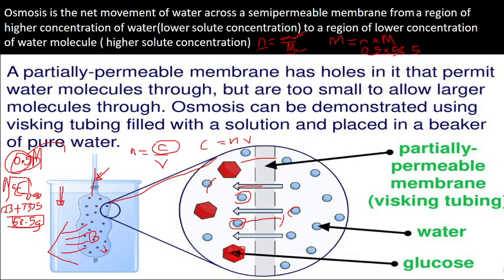So if you look at that, you'll be having 58.5 divided by 2, which is equal to what? 29.25. So that is to say you need about 29.3 grams of salt.